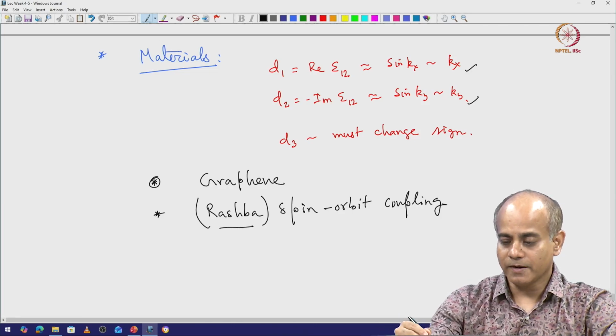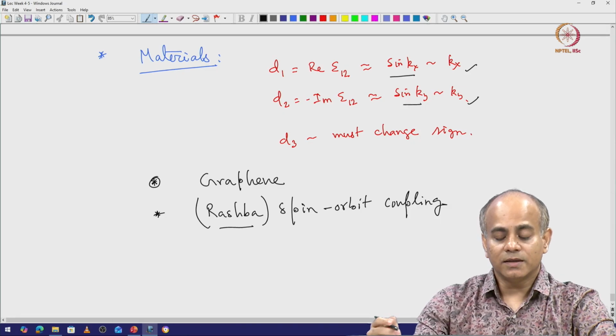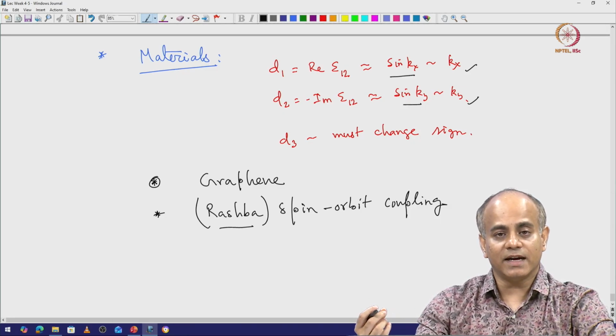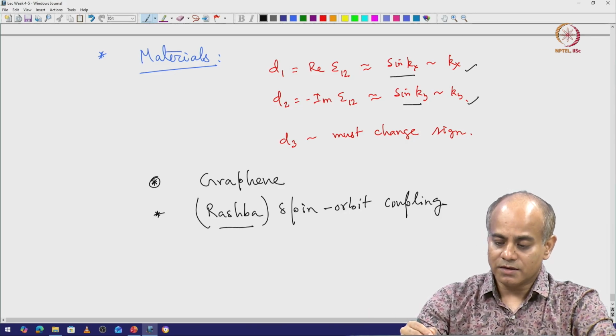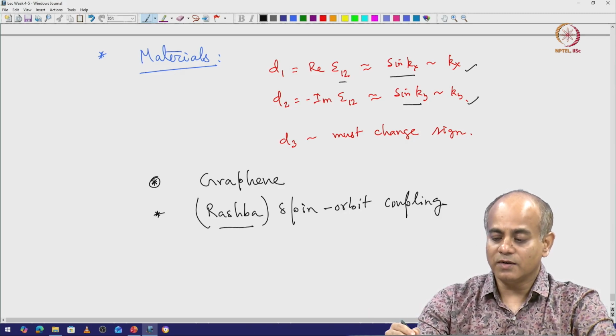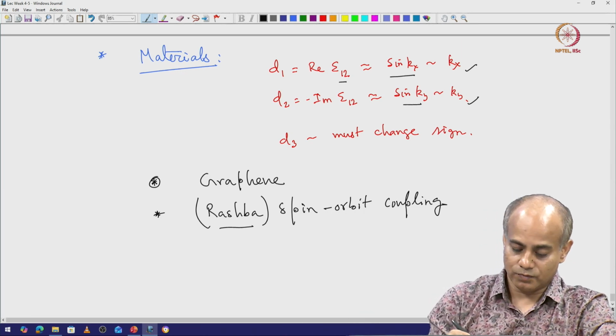Okay. And for graphene also it may not look like this for the D1, D2, but eventually we will find that there are symmetry reasons for the dispersion which will vanish at high symmetry k points.